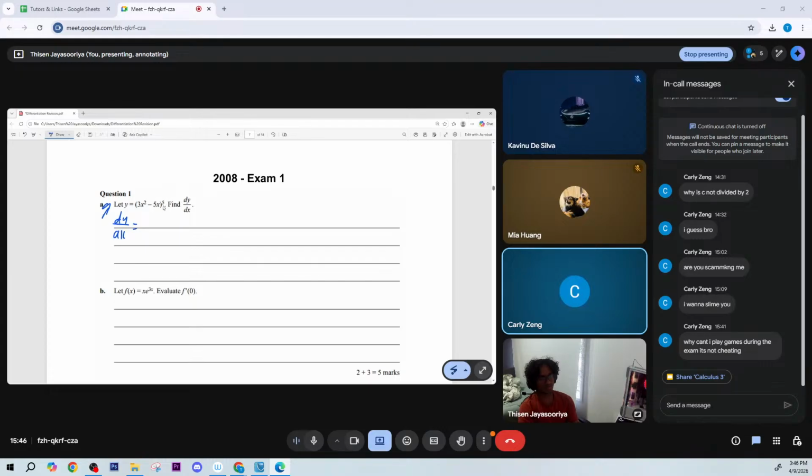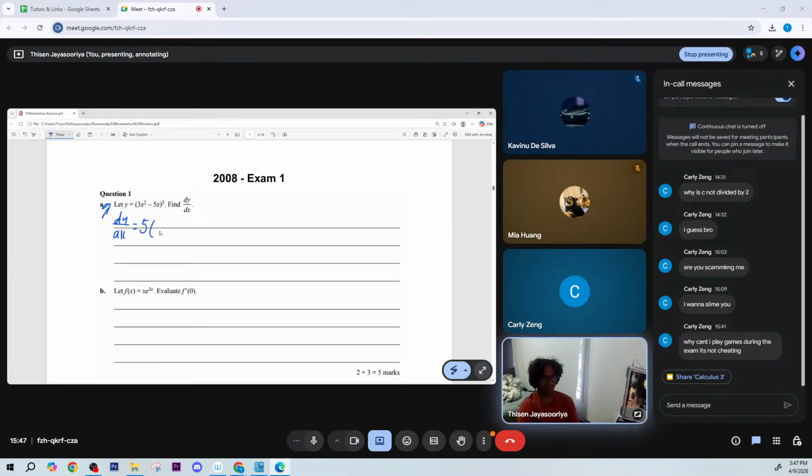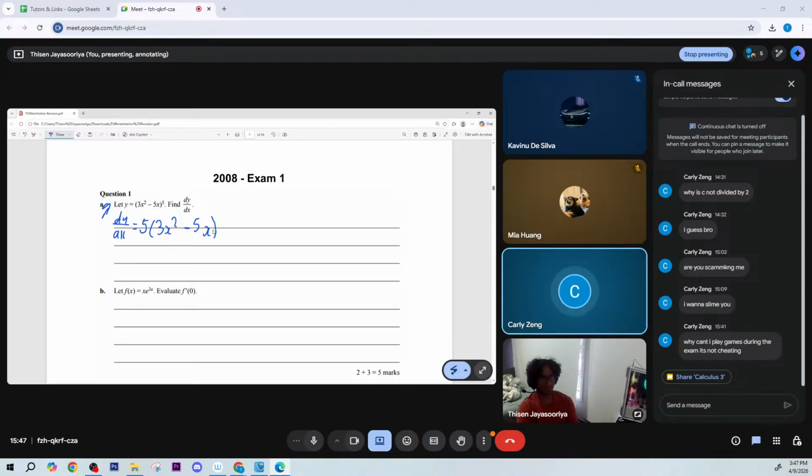So remember, you have to multiply by the derivative of the outside function first. Oh, 5. Yeah, so it's 5. Okay. Oh, wait, that's what it is. Okay. 5, 3x squared minus 5x to the power of 4, then times 6x minus 5.